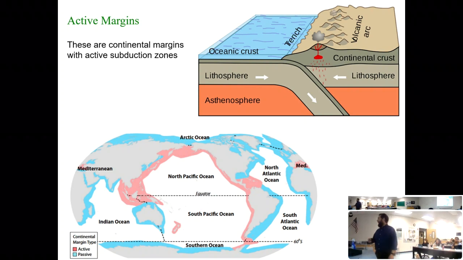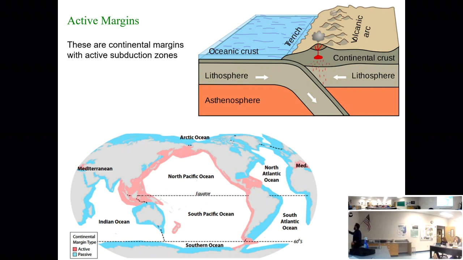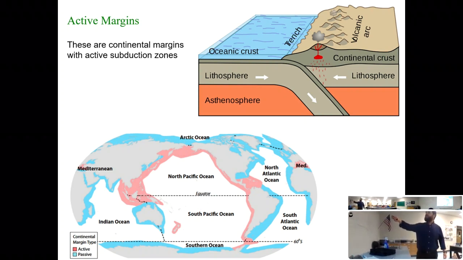Active margins are going to look totally different, because not only are you going to go to an abyssal plain, you're also going to have a deep trench off the coast. These trenches form off the coast in the abyssal plains in active areas, okay?